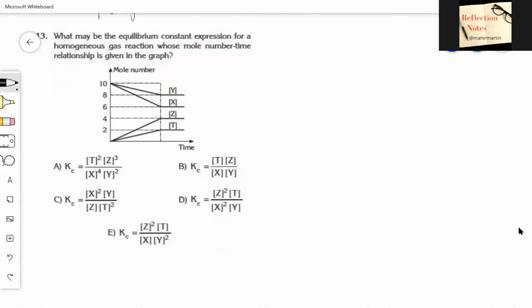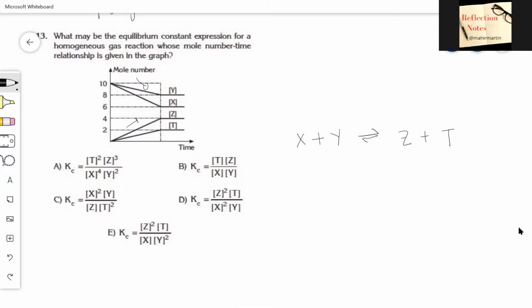X and Y are reactants. Z and T are the products, because a reactant is always decreasing, as you can see, and a product is increasing. True?